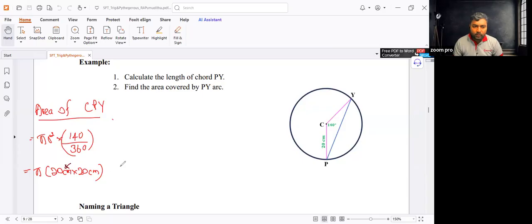Then multiply it by 140 divided by 360. Here, 20 into 20 means 400, 400 into pi.